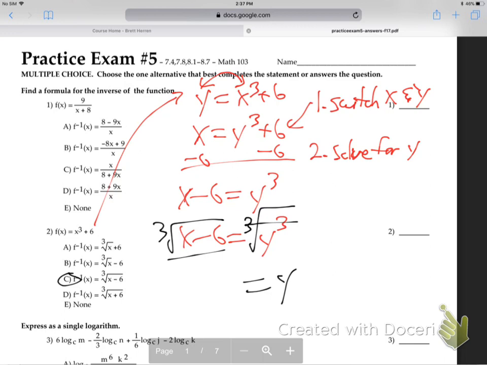All right, on we go. Try number 3. Logarithms and all their properties. Squish those into one log by using the properties.